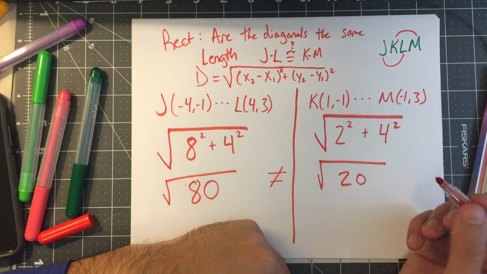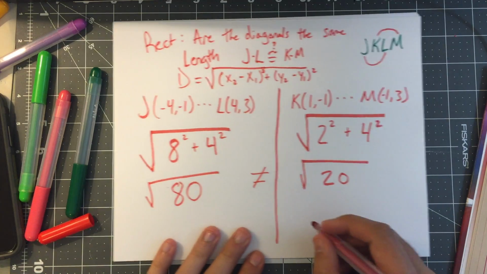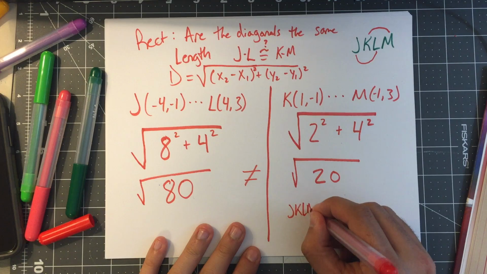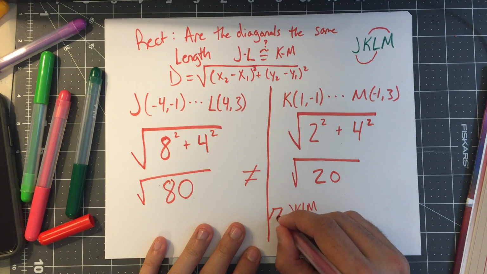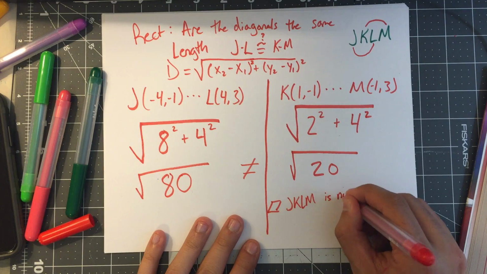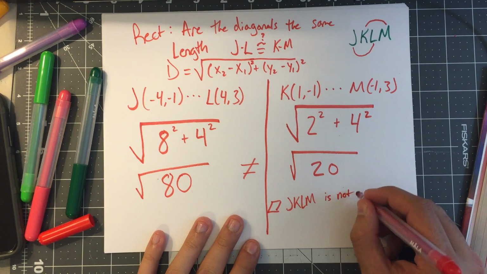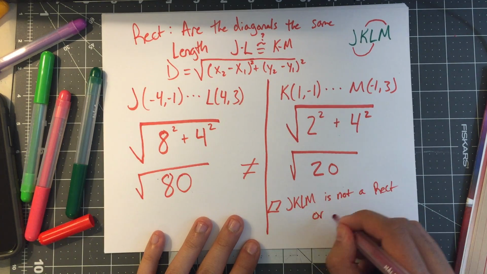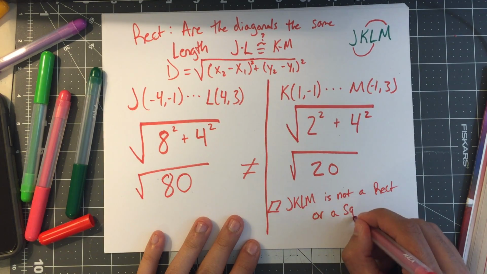Those are not equal, if you're not sure. So parallelogram JKLM is not a rectangle or a square.